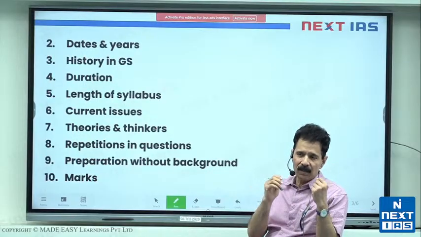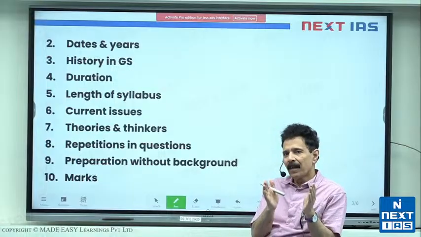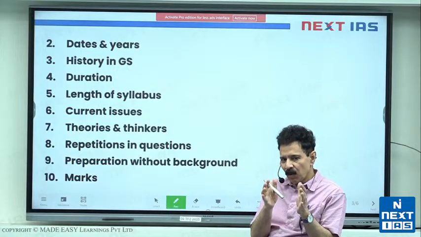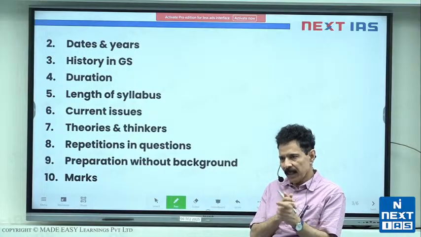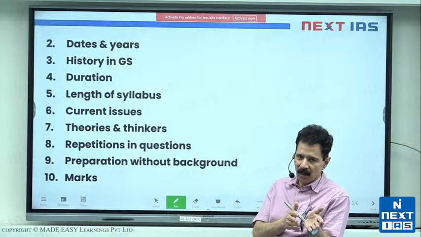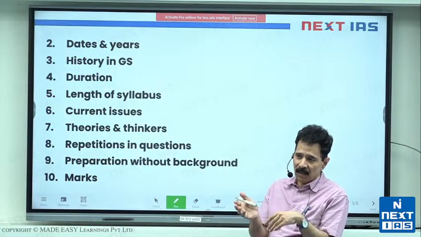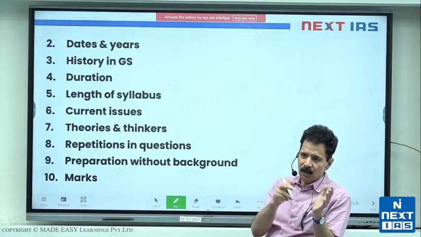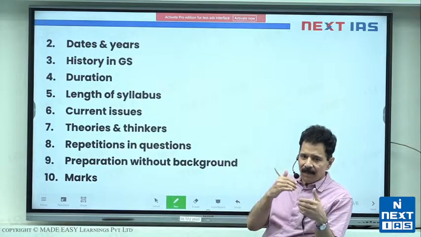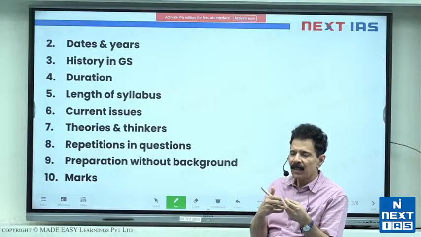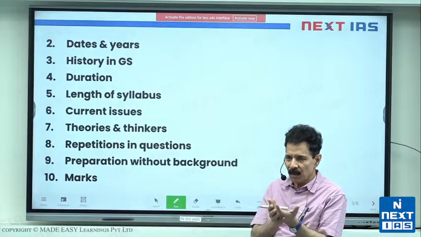Broad chronology is what? I'm giving an example. Like first half of 20th century, mid of 20th century, second half of 20th century, beginning of 20th century, toward the end of 20th century, last decade of 20th century, first decade of 20th century. This kind of approach represents broad chronology.